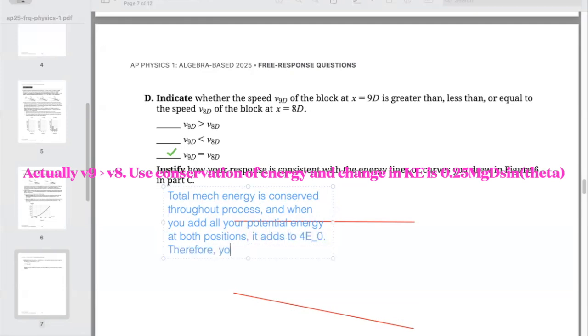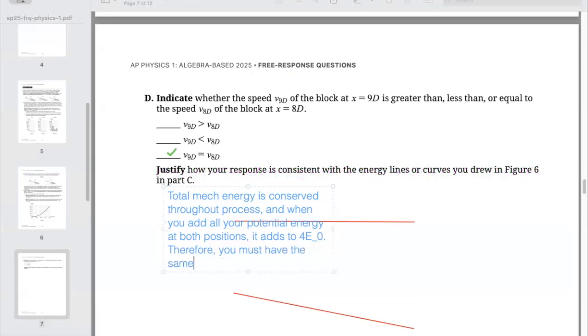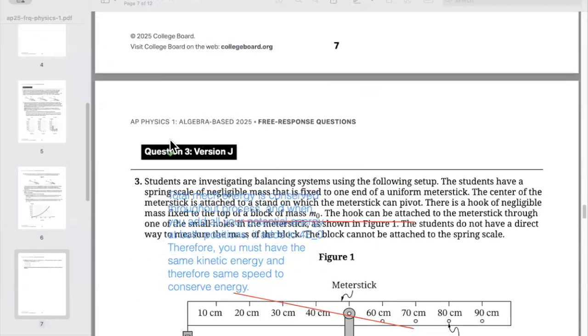Therefore, you must have the same kinetic energy and therefore the same speed to conserve energy. There you go. Okay. Easy. I'm kind of bored with that.